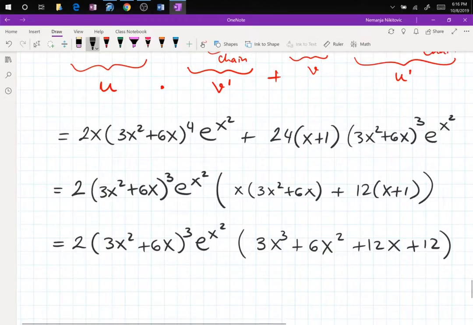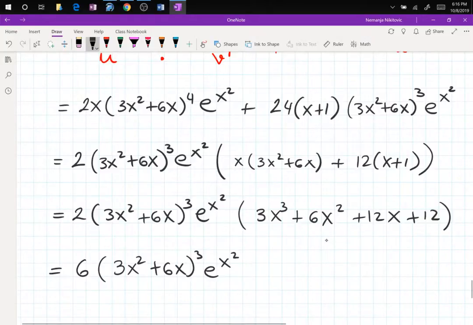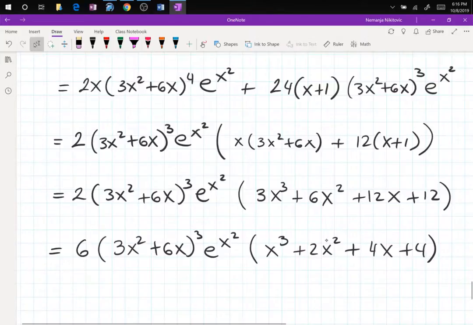And you can kick 3 out. So that's going to make it a 6 times (3x squared plus 6x) cubed e to the x squared. And over here, when I kick 3 out, I just get x cubed plus 2x squared plus 4x plus 4. And that's where the problem ends.